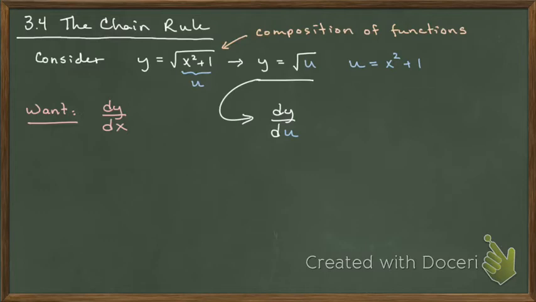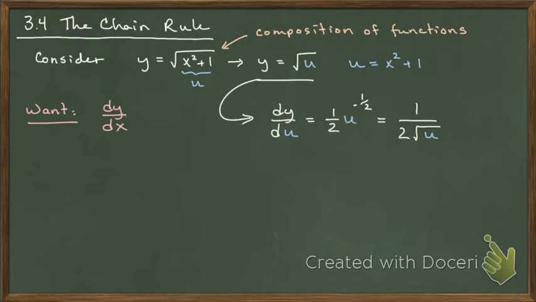I can take a derivative of that, dy with respect to u, right? Dy dx is the whole thing. That's my derivative. Dy du is kind of the derivative of the outside function, right? Because u there is being raised to the 1/2 power. When I take a derivative, I end up with 1/2 u to the minus 1/2, or 1/2 square root of u. So that's a derivative of y as if u was my variable, okay?